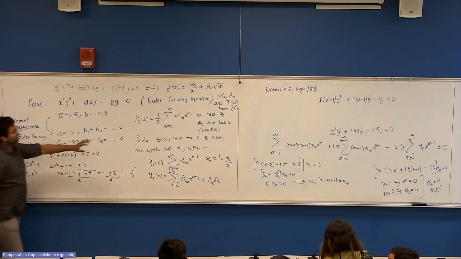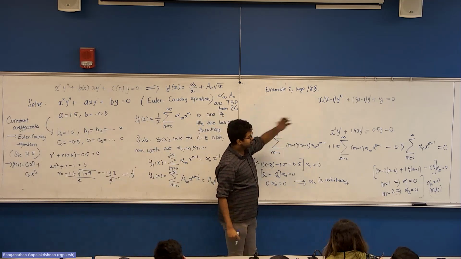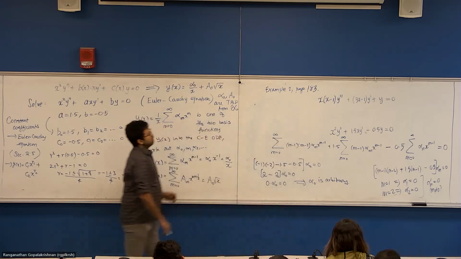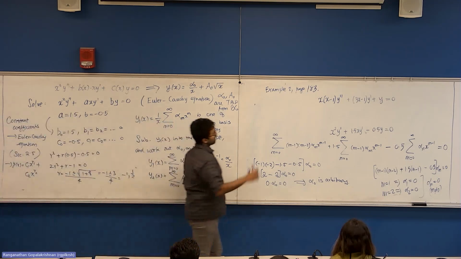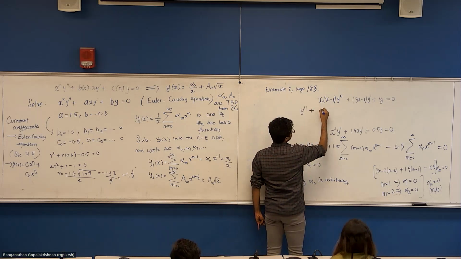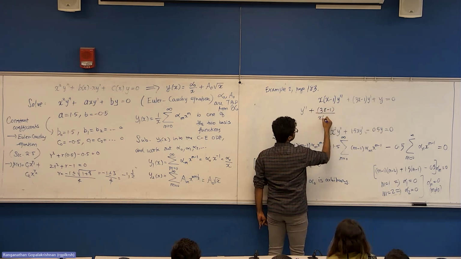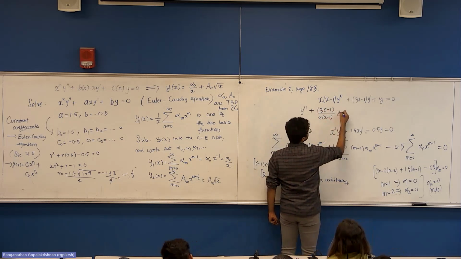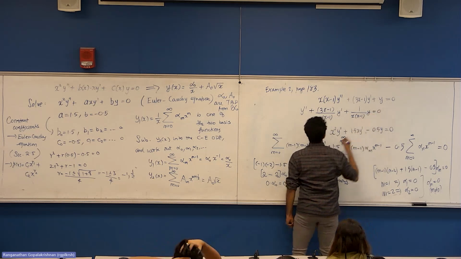All right, so we have time to form the indicial equation and get the root. Can you please try? So you can write this equation as y double prime plus (3x minus 1) divided by x times (x minus 1) times y prime plus 1 over x times (x minus 1) times y equal to 0.